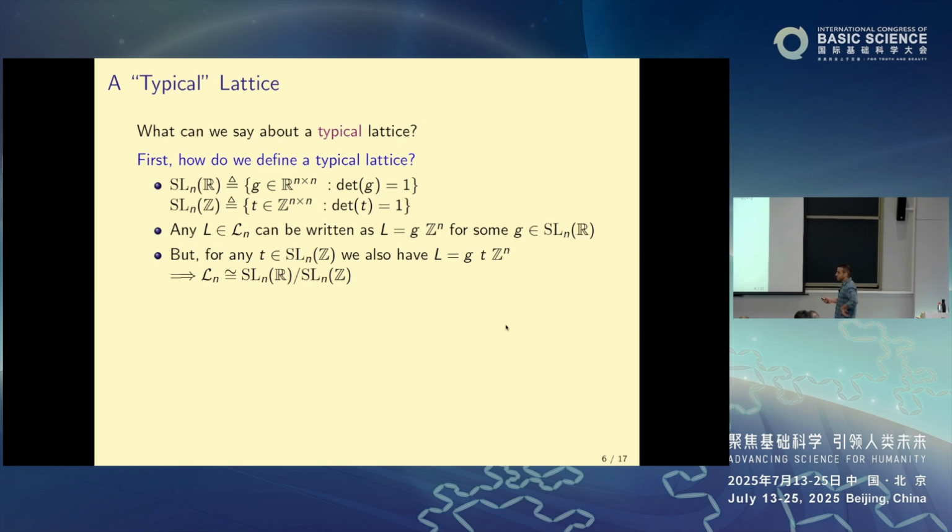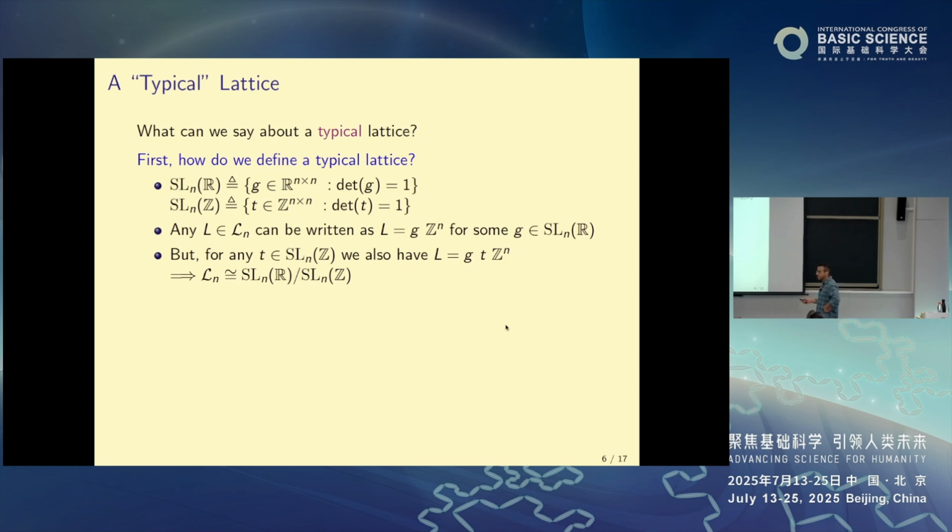SL_n(R) is the group of n by n real-valued matrices with determinant 1. SL_n(Z) is the group of n by n integer-valued matrices with determinant 1. As I said before, any lattice with unit covolume can be represented as G times Z^n for some element G in SL_n(R). But this representation is not unique. Why?